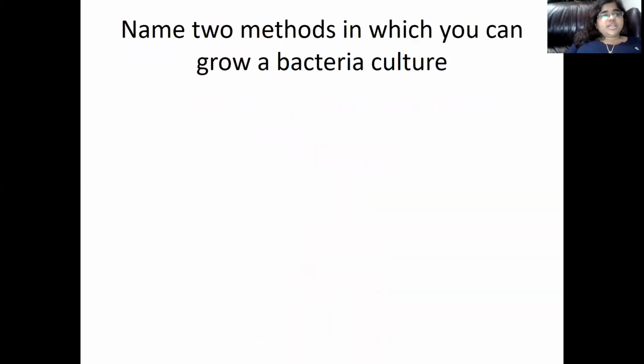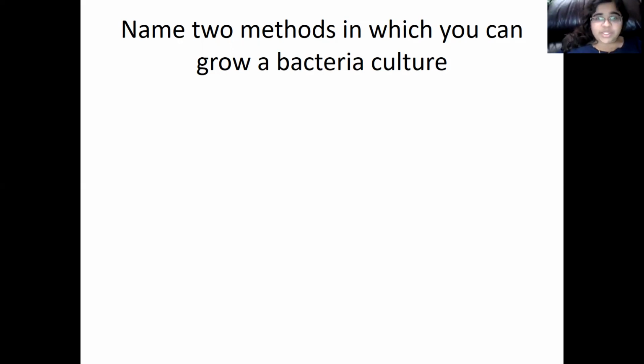So essentially what you guys need to know about bacterial reproduction is that it is an asexual process. Okay? So the next thing about bacteria is that it is a convenient way to understand and study different genetic analyses. One of the main reasons why it is a good organism is that it is easy to grow and maintain. And to actually grow a bacterial culture, we have two methods.